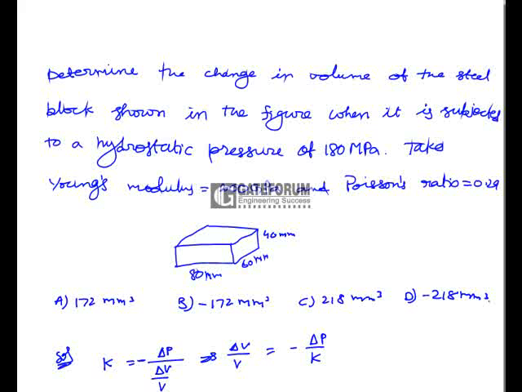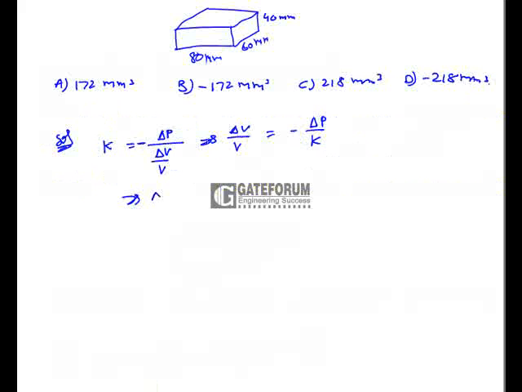So here we will have to find out the change in volume, that is delta V is equal to minus delta P by K into V, where V is the volume of the member and K is the bulk modulus or modulus of compressibility, and delta P is the change in pressure.